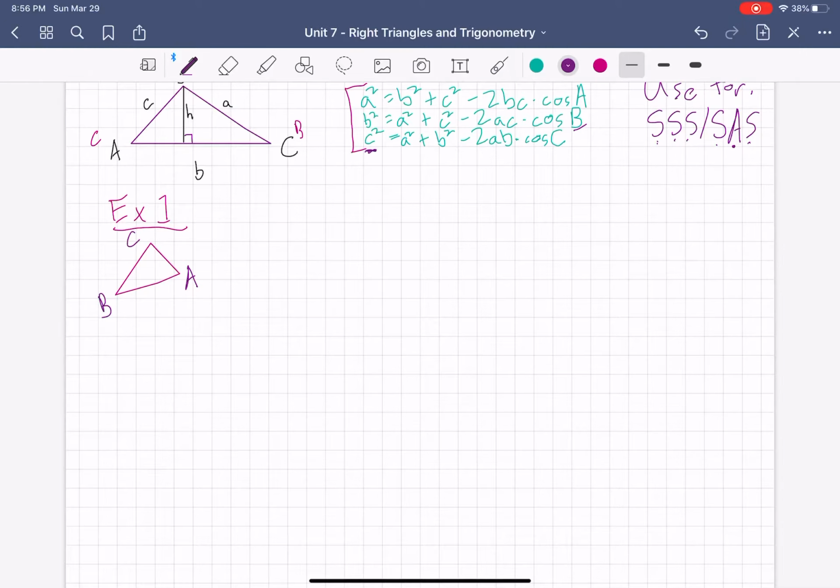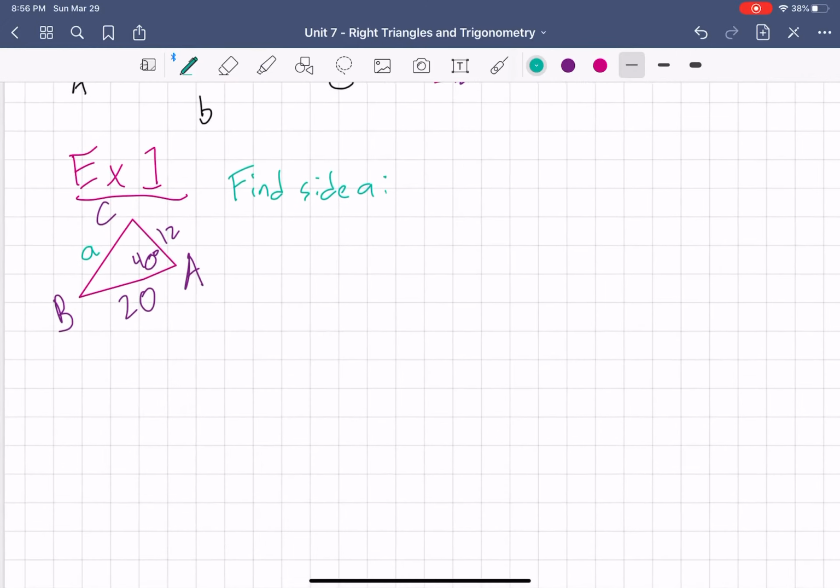I'm going to say that side BA is 20, side CA is 12, and angle A is 40 degrees. Our goal is to find the length of side little a. That is what we want to find.